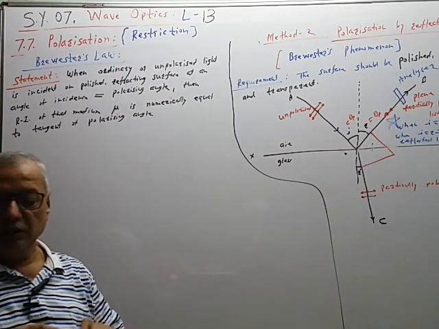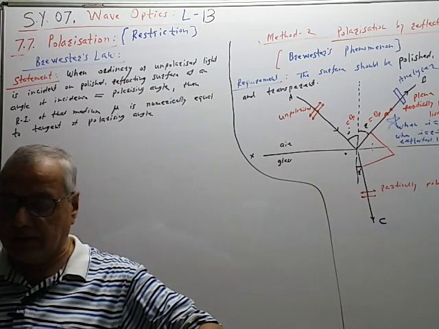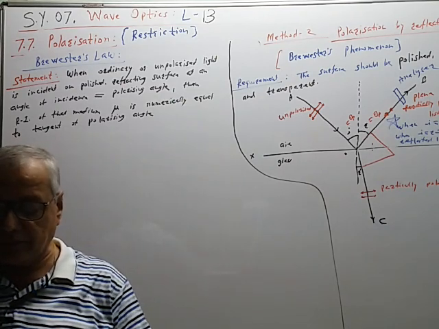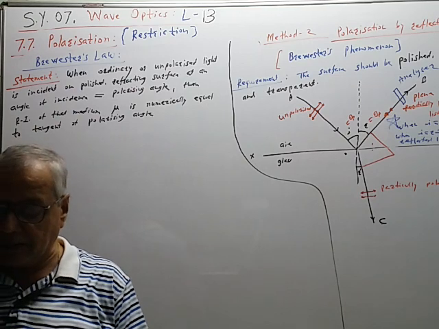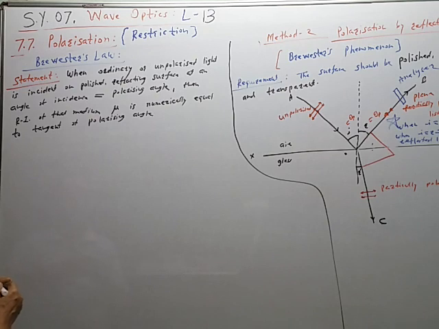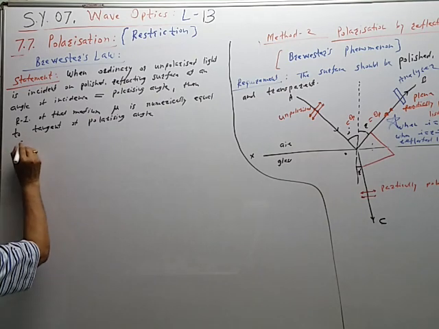Let me repeat the statement. When an ordinary or unpolarized light is incident on a polished refracting surface at an angle of incidence equal to polarizing angle, then the refractive index of that medium is equal to tangent of the polarizing angle. Mathematically, you can write like this.